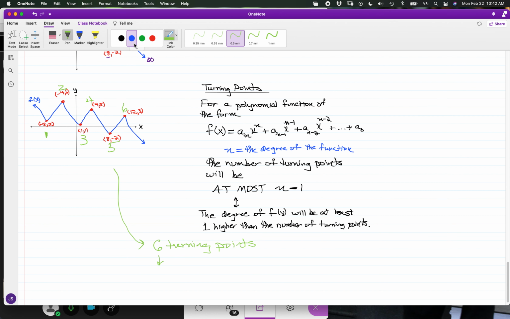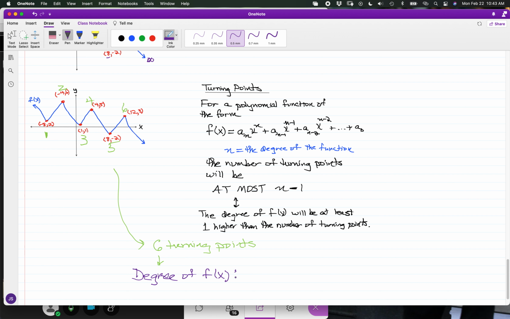And the possible degree of f of x. Now again, the degree of f of x is always going to be more than the number of turning points.